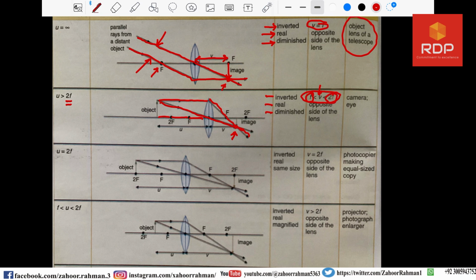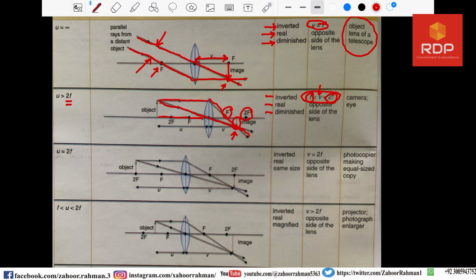You can see that if this is f and this is 2f, the image here is between f and 2f. So remember that if the object distance is greater than 2f of the converging lens, the image will be between f and 2f, which will be real, diminished and inverted.